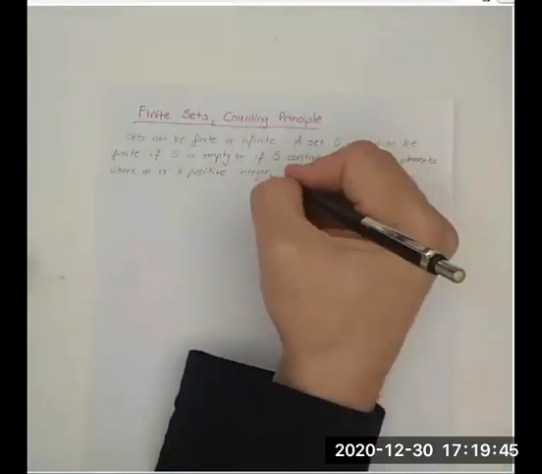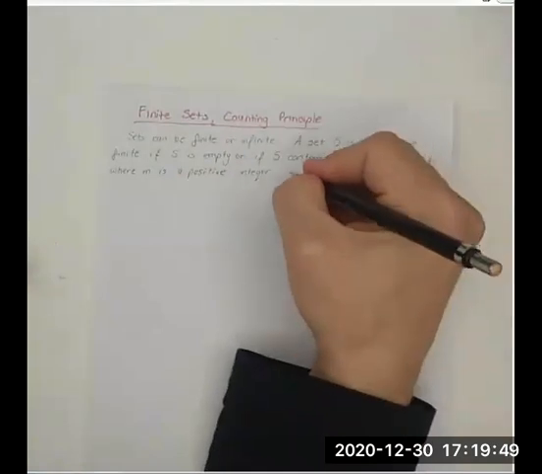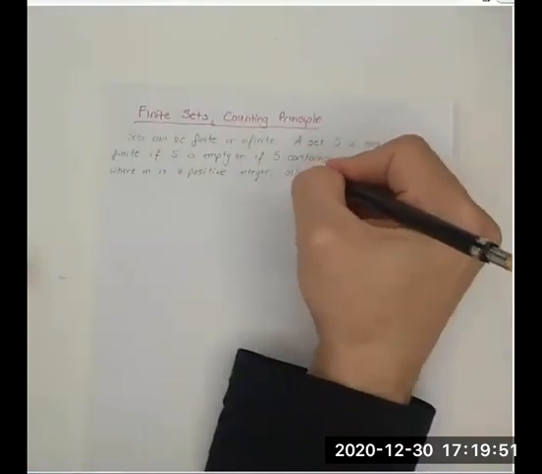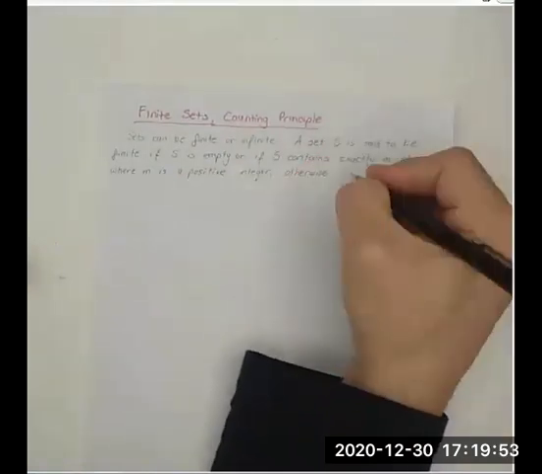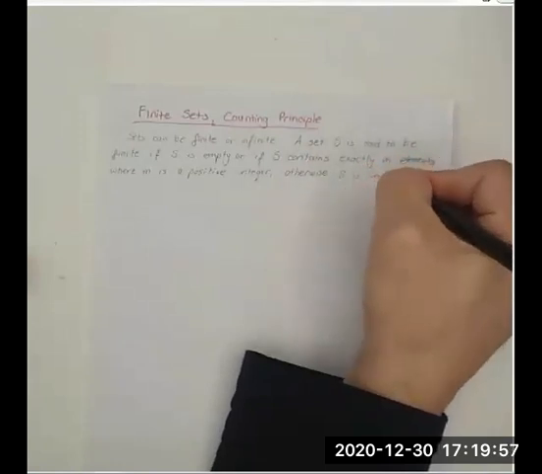So there is a countable number of members, then we will say this is finite. Otherwise, S is infinite.